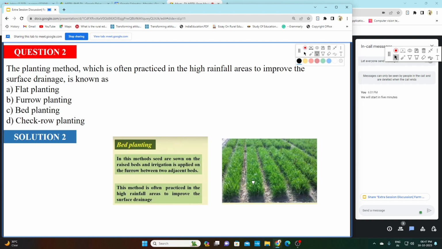We are planting on raised beds, and in between there are furrows. So whenever there is high rainfall, the water will move from the raised plant beds to the furrows, and the water can be easily drained. So that is why we go for bed planting in high rainfall areas. Option C is your correct answer.